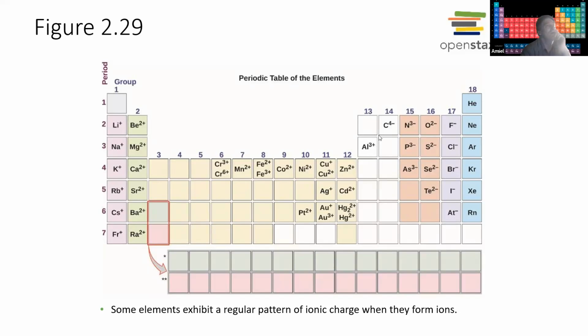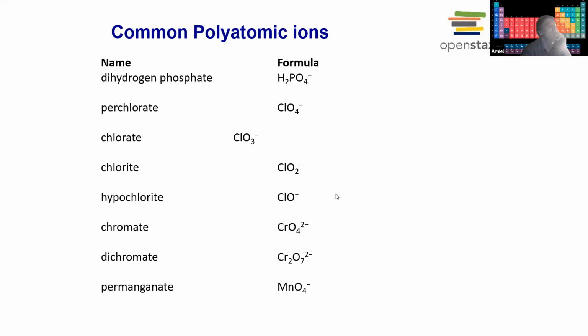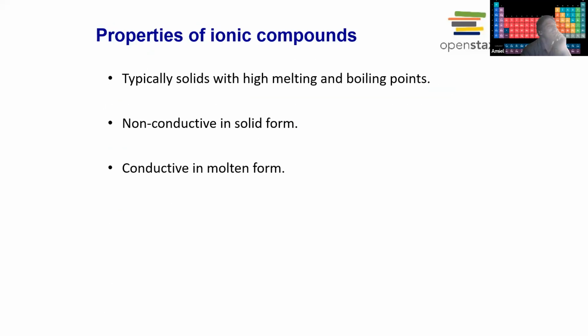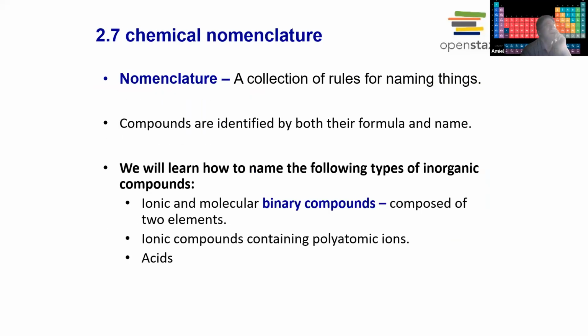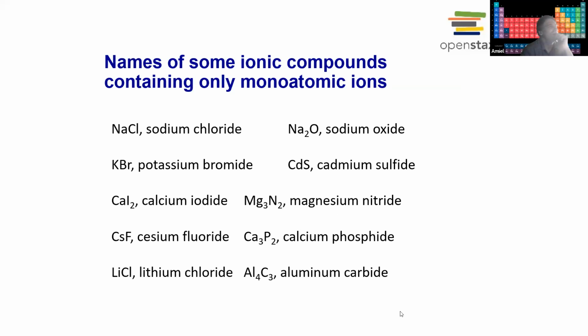So the 3 goes to the carbon, and the old switcheroo works again. I probably wouldn't give you one that challenging. The azide. There are some ones that are just tricky. The carbide, these are tricky ones. Probably we don't need to get into that level.